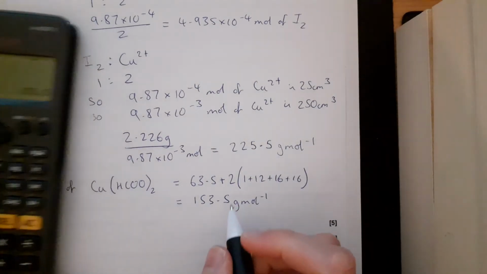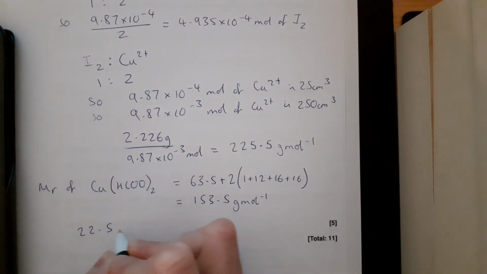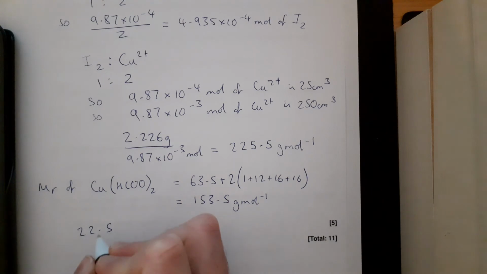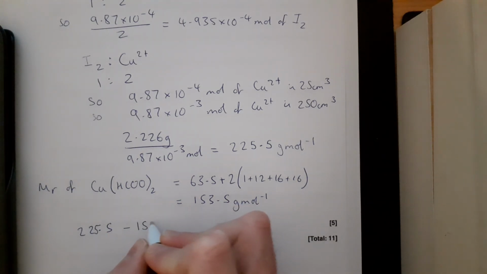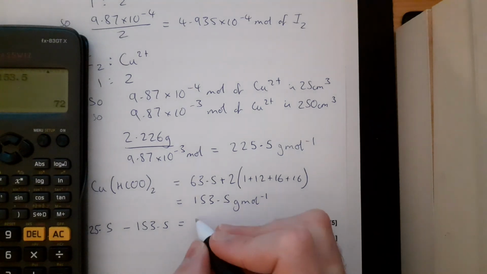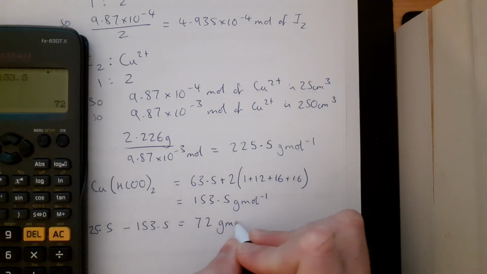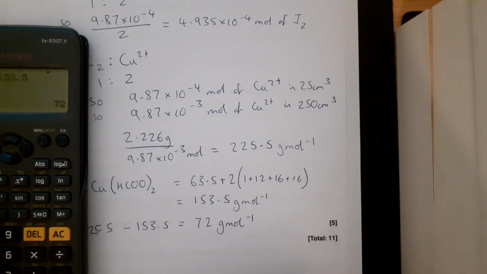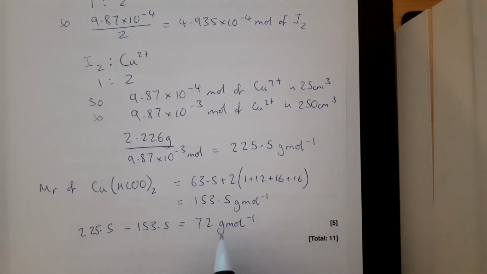So then we're going to take it away. 225.5 minus 153.5. So that comes out as 72. That's nice. So then that is the XH2O part.